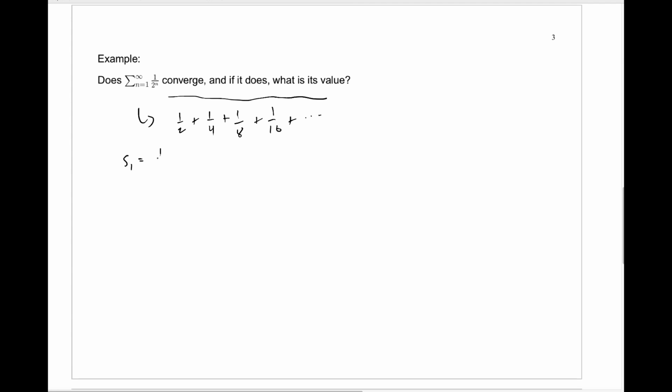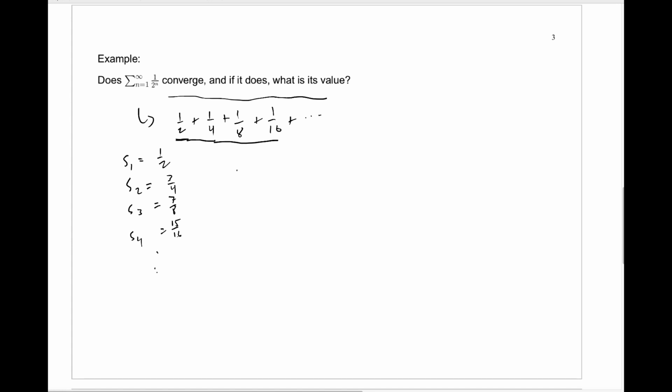S1, that's just 1/2. That's the sum of the first one term of the series. What is S2? That's the sum of the first two terms. That's 3/4, 1/2 plus 1/4. What is S3? That's 1/2 plus a fourth plus an eighth. That's 7/8.